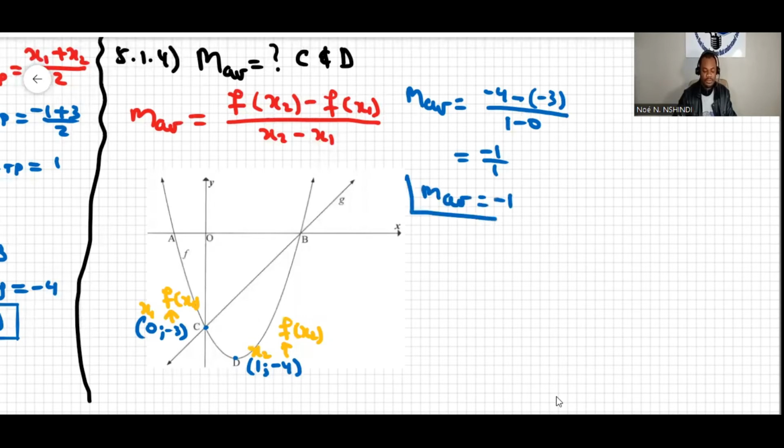So that's the average gradient between the points C and D.